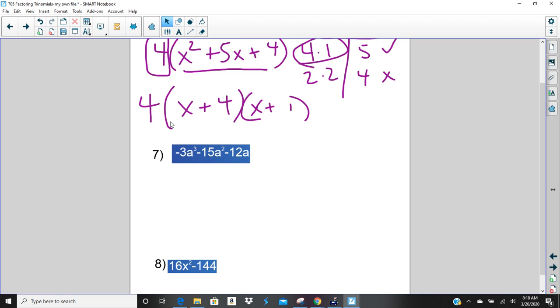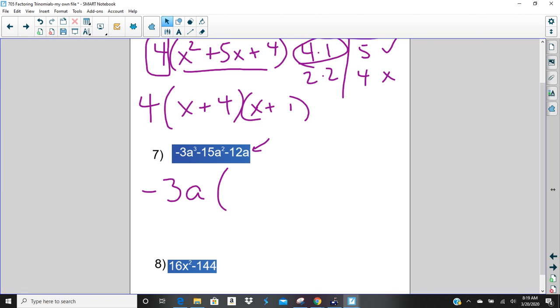I can see that 3 goes into -3, -15, and -12, but since I want a positive lead number once I pull it out, I'm going to actually do -3. What else? Well, I need to look at the a to the third, a to the second, a to the first. So the greatest common variable is just going to be a to the first power.